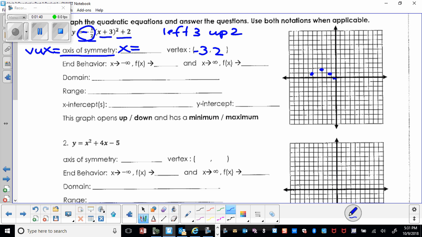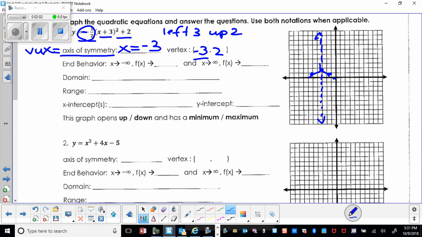And it goes through the vertex. All right, that is going to be my axis of symmetry. So it's going to be x equals, well, it has to equal negative 3, because that is where the vertex is. All right. End behavior, I know since it's negative, I know it's going down, right?